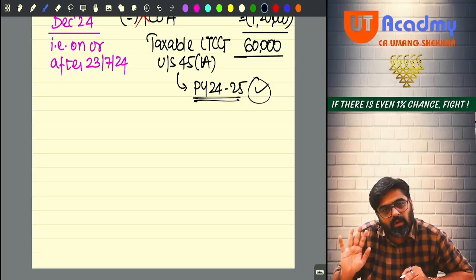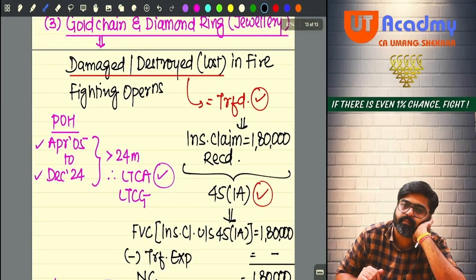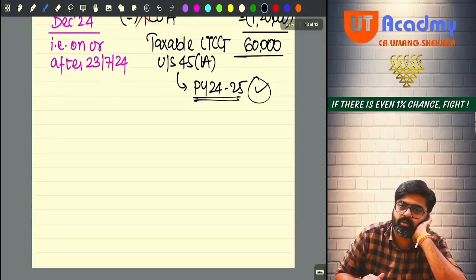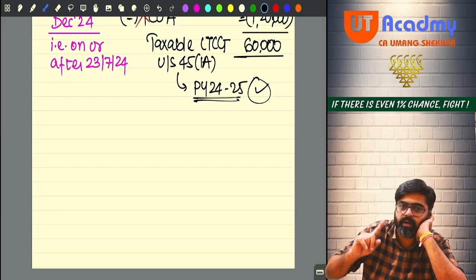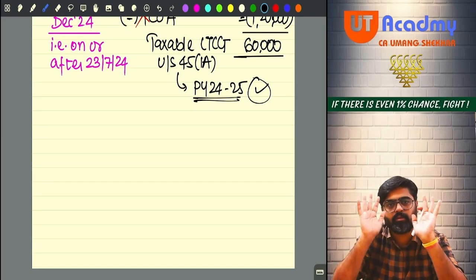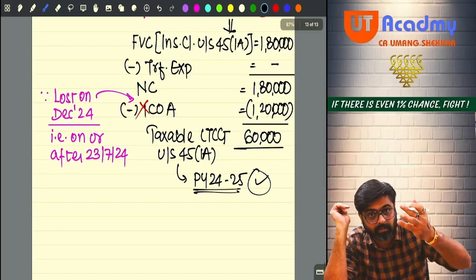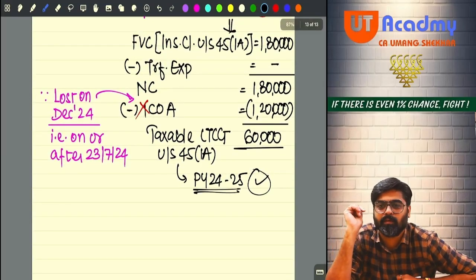But ultimately, whatever is written there, we have done that thing only. Understanding? So today at home, you will read that answer once. That's it. Entire thing is covered. They have not calculated the capital gain also. We have calculated the capital gain also.